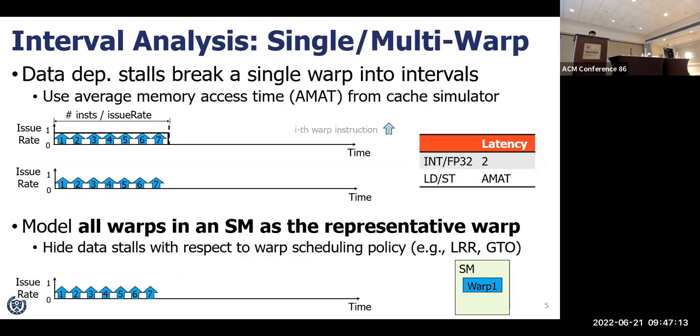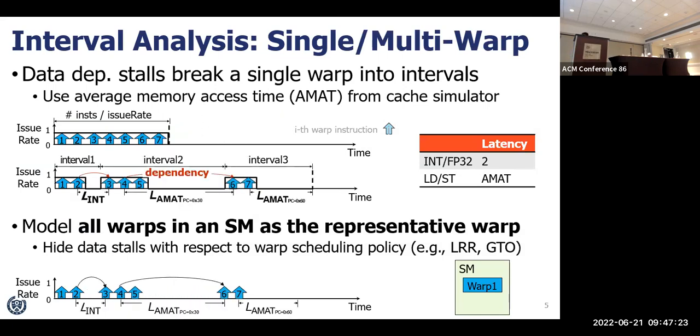Accounting for the different latency of each type of instruction, interval analysis models the stalls incurred by data dependency. It uses the average memory access time from a cache simulator along with the fixed arithmetic operation latency. The data dependency chain among warp instructions splits the single warp execution timeline into intervals.